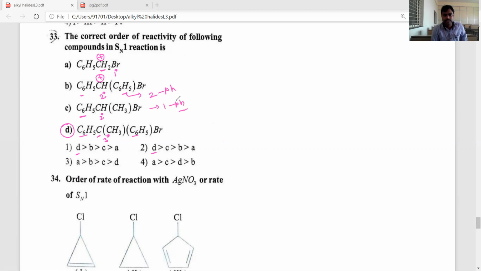As the number of phenyl rings increases, the resonance increases, then the stability of the carbocation increases. So comparing B and C, B is more than C. That's why D is first, next B, C, okay, next A. So the answer is the first option. We have to apply a process of elimination, then we'll get a proper answer. Otherwise we'll be more confused. Okay. Now let's see the 34th question.